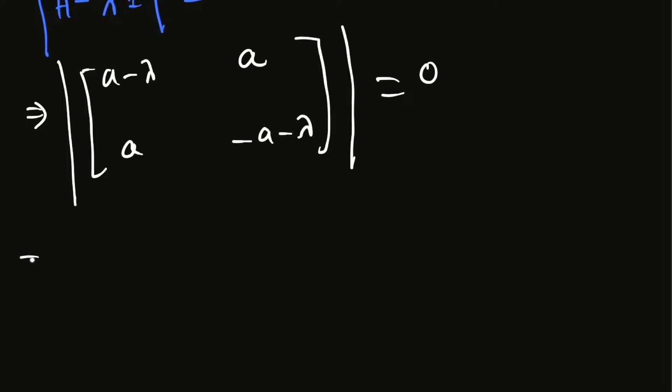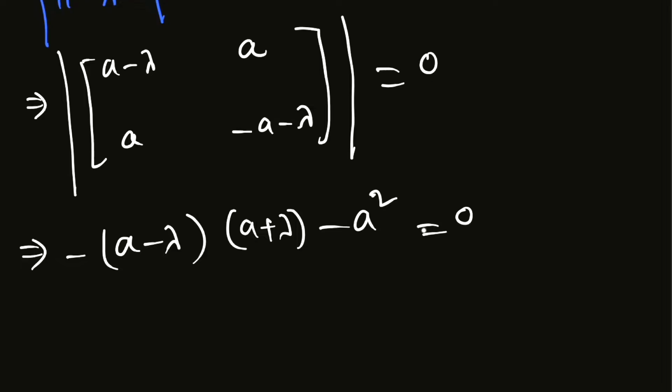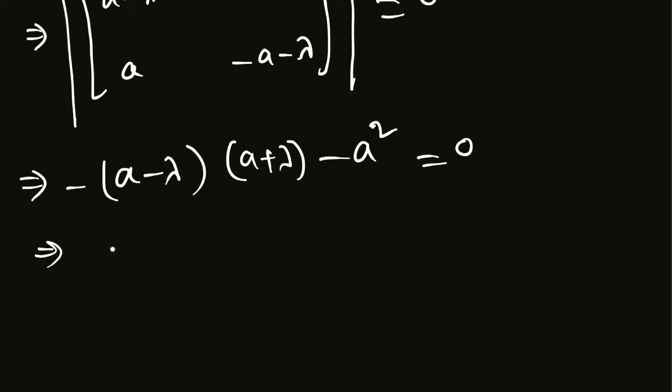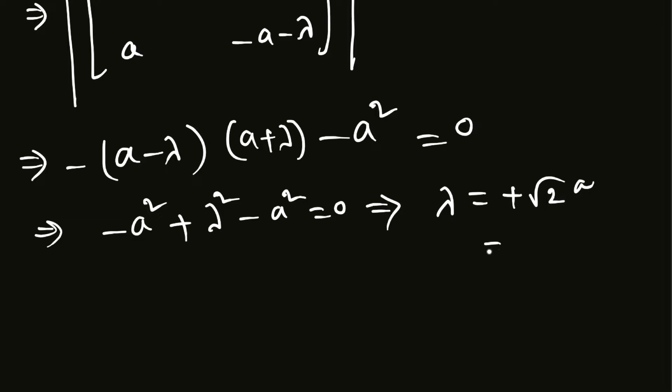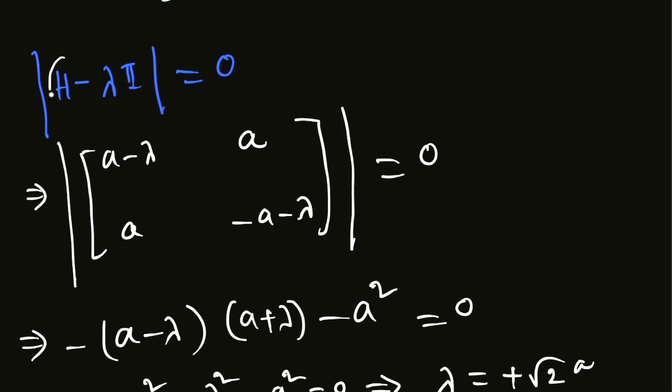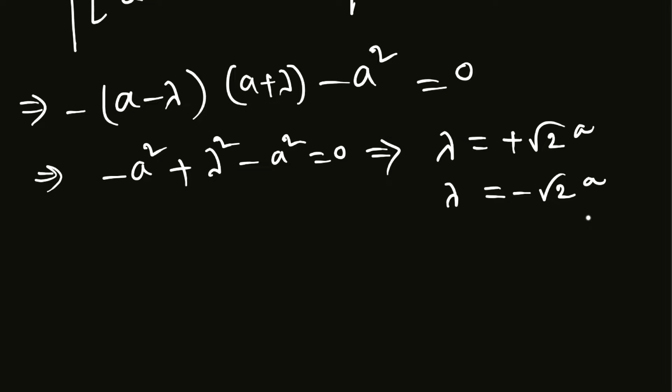That means -(A - lambda)(A + lambda) - A squared = 0, which is -A squared + lambda squared - A squared = 0. That means lambda is either plus root 2 A or minus root 2 A. So this Hamiltonian has two eigenvalues, plus root 2 A and minus root 2 A.